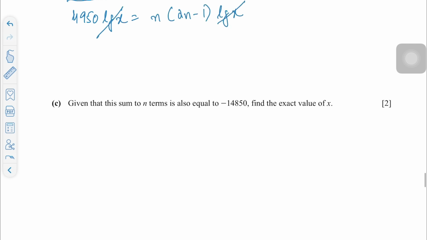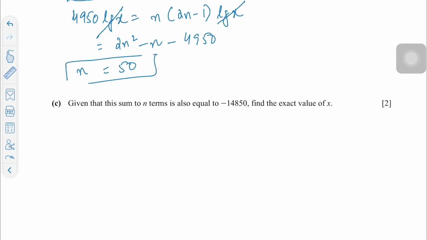This lgx and lgx would be cancelled out, and we'll be solving a quadratic equation over here. So this would be 4950. Then we can use the calculator over here, and we'll get our answer as n is equal to 50. We would be ignoring the negative value because n can't be negative, right?